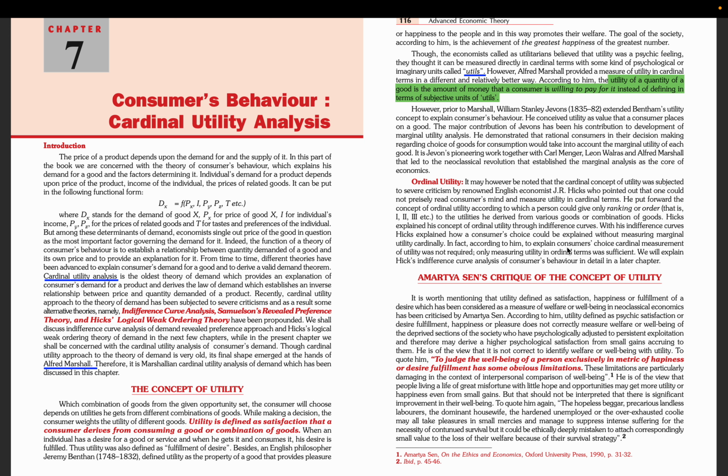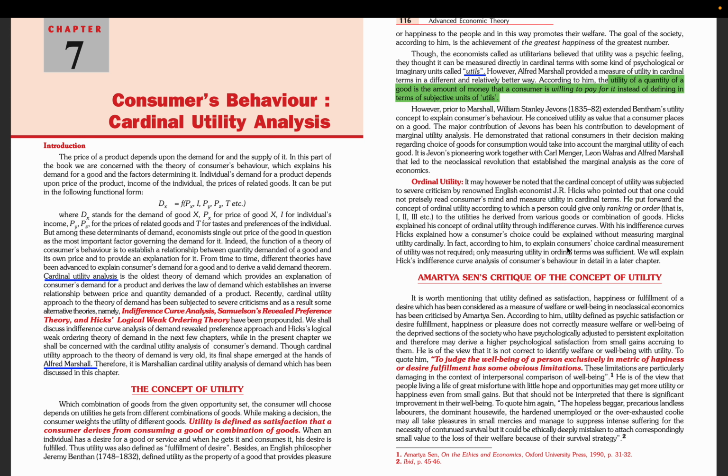According to him, utility defined as psychic satisfaction or desire fulfillment, happiness or pleasure does not correctly measure welfare or well-being of the deprived sections of the society who have psychologically adjusted to persistent exploitation and therefore may derive a higher psychological satisfaction from small gains accruing to them.